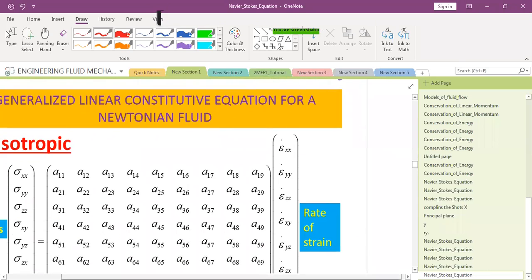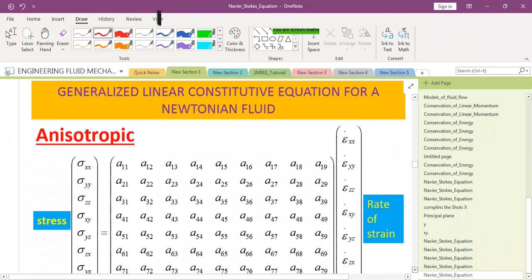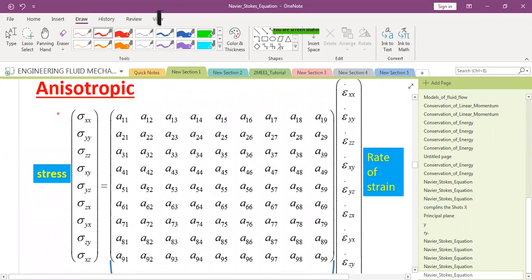Now try to see here. This is very important. We have identified that stresses are related to strain rates, and they are directly proportional in case of Newtonian fluids. So I'm writing stresses proportional to strain rates, and when I remove the proportionality constant, I have to replace it with a matrix.